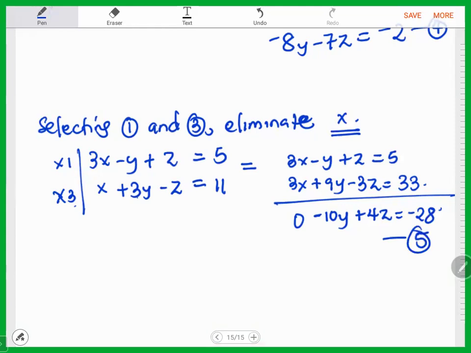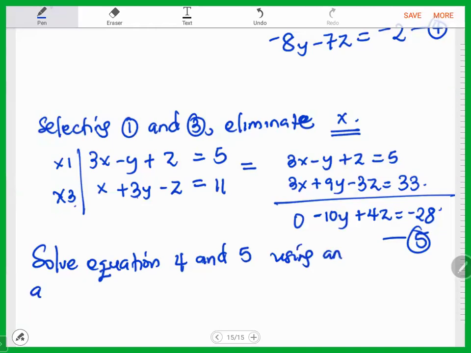So we can say solve equations 4 and 5 using any allowable method. At this point, you can use elimination, substitution, graphical, or matrix, because it has become a system of 2 equations.